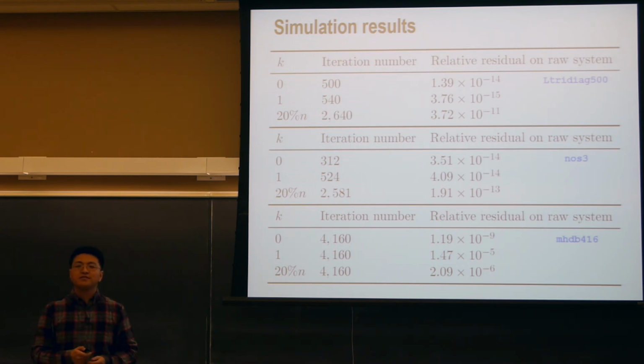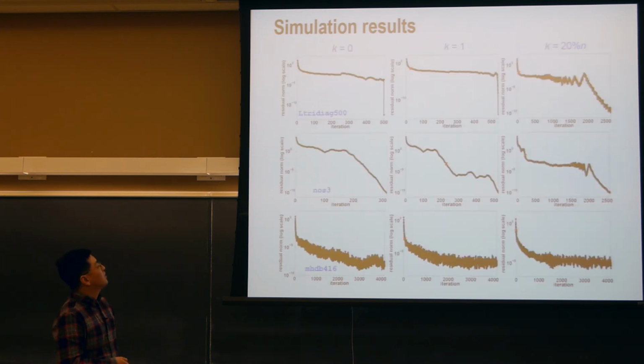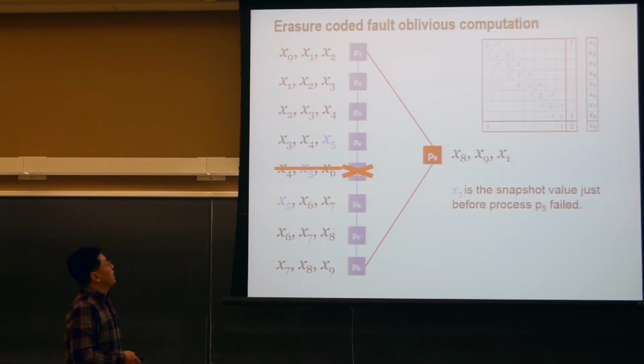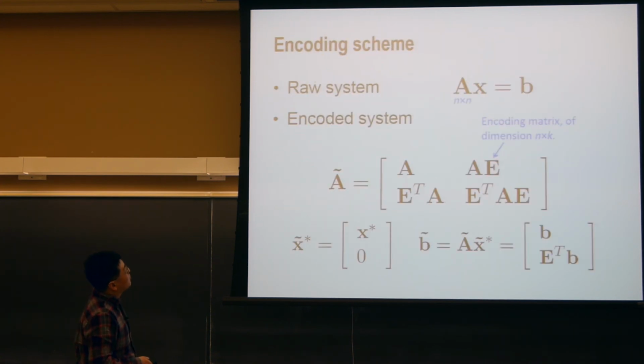Yeah. What is the effect of augmenting your linear system? What is the effect on the condition number? If you know the condition number of A, then what do you expect? Right, okay, that's a good question. So let's go back to this slide. That's the input raw system, that's our encoded system.